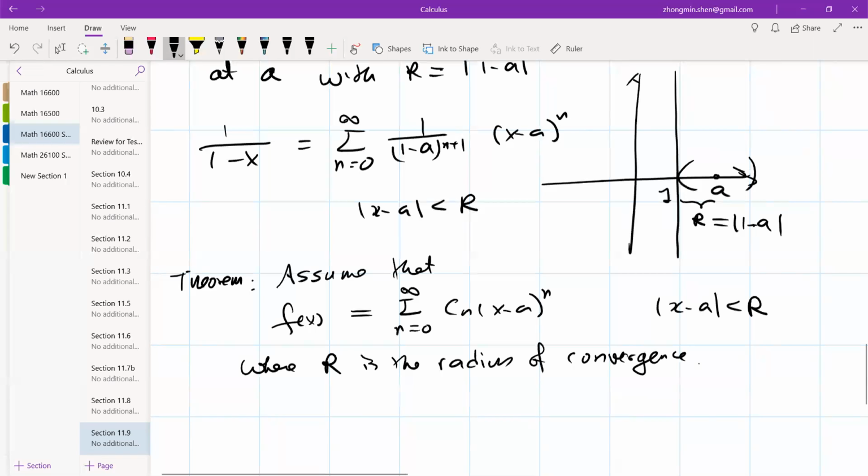The formula for f could be defined on more x outside this interval, I don't care. I just say there's a function f.